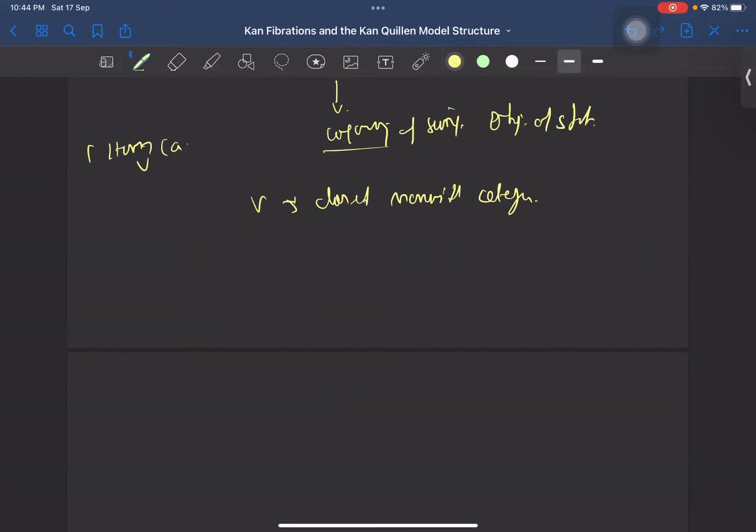So that means you'll have this isomorphism. The category is V, and this is your internal hom.